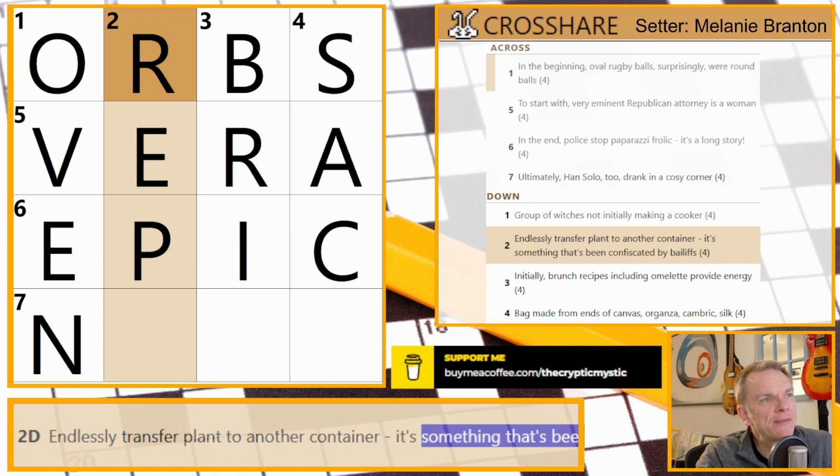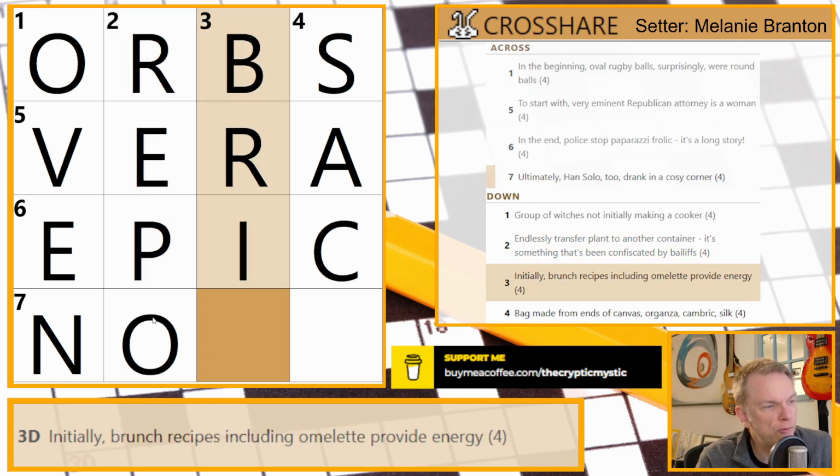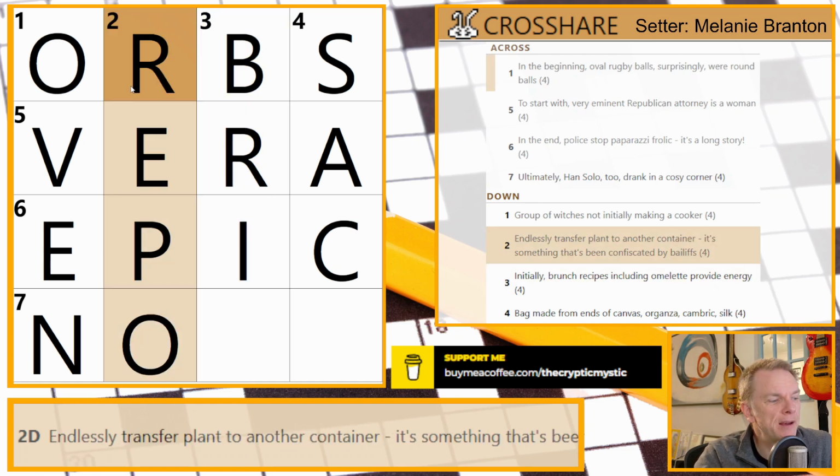Probably something that's been confiscated by bailiffs is going to be the definition. So what are we taking the last letter off? We're taking the last letter of transfer plant to another container. What's a synonym for that? That would be repot, wouldn't it? So we're taking off the last letter of repot, and we end up with repo. See that? Nice, neat clue.